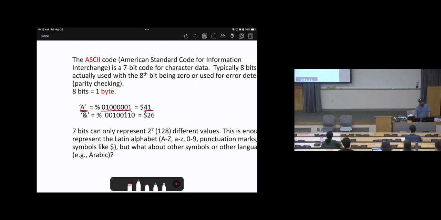Then it's easier to say B is 42, C is 43, D is 44, and so on, until Z. Also for symbols, like the AND symbol, 00100110 is too long a representation, even though the computer understands it. That's for the computer; the hexadecimal is a reference for the programmer. The computer understands zeros and ones, but as a reference, when I write code and ask what the AND symbol is, it will be 26. Okay? Is this clear?